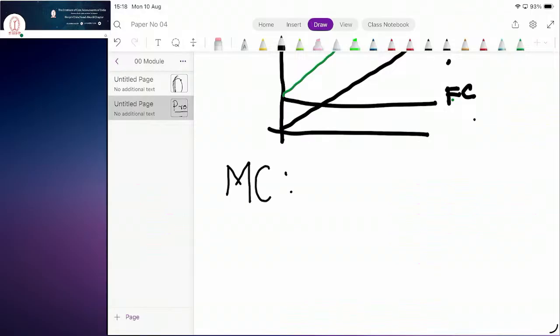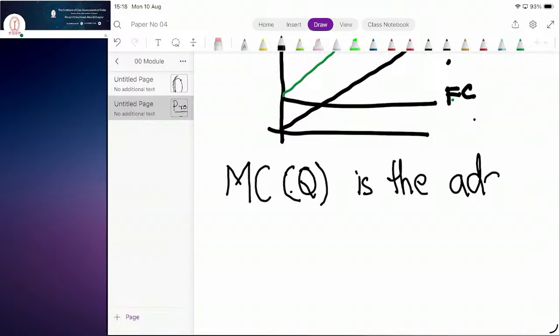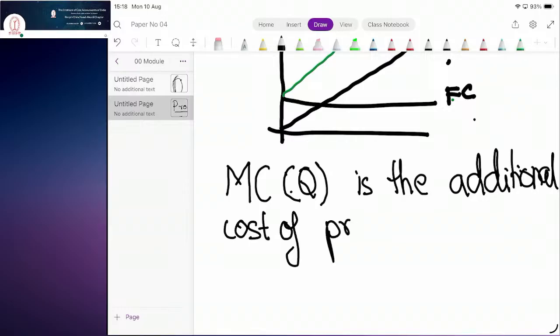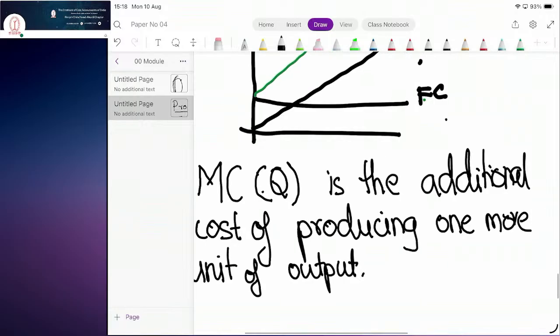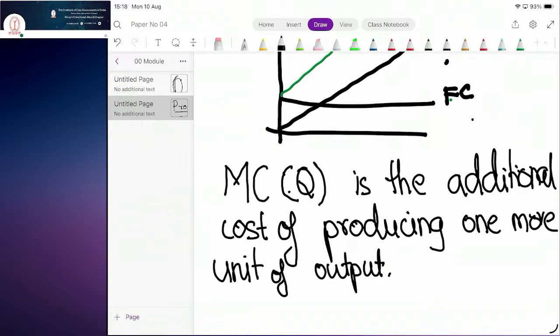Write the definition: marginal cost is the additional cost of producing one more unit of output.